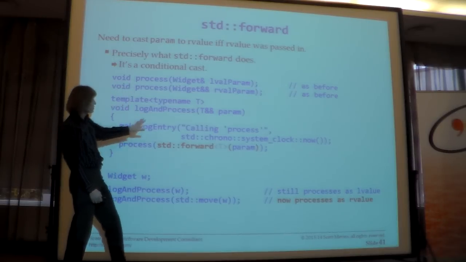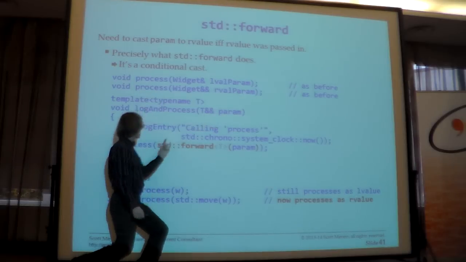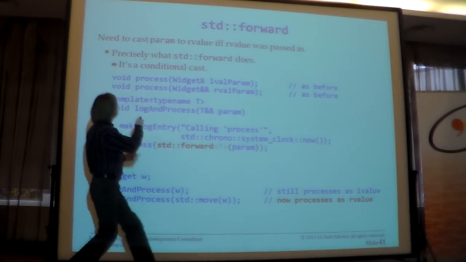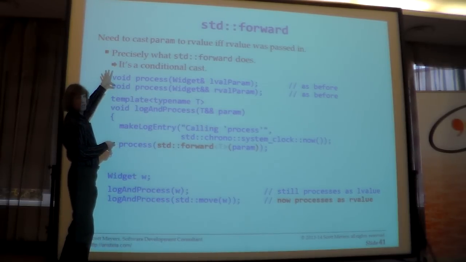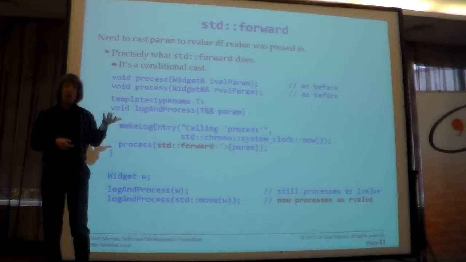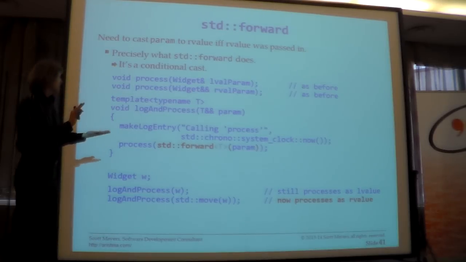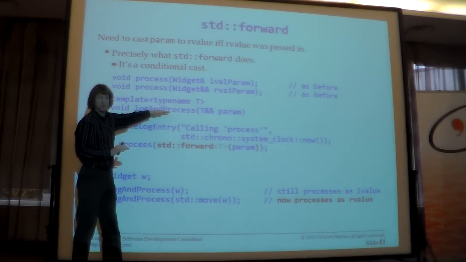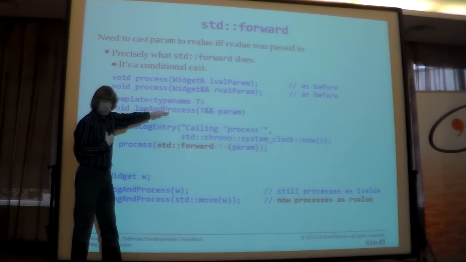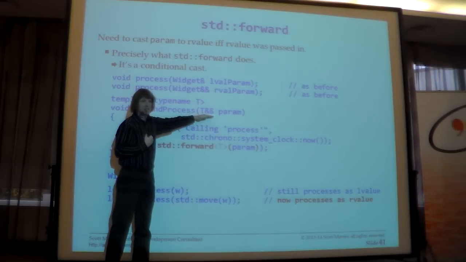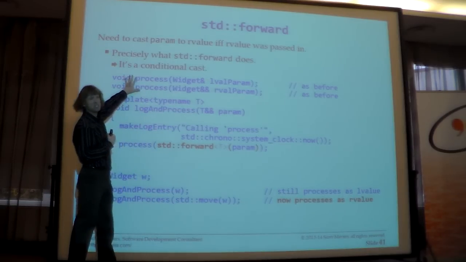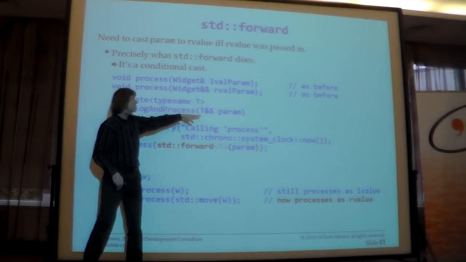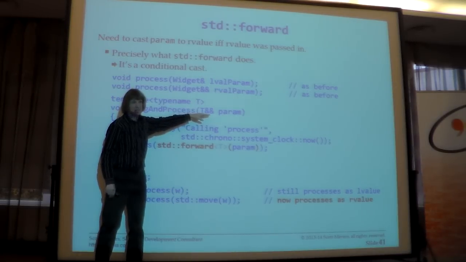What we're doing here is, whatever's passed in here, we pass it unchanged to one of these two overloads here. However, having said that, if I'm the author of login process, if I know that these processing functions will never modify, then I should declare this as a reference to const.